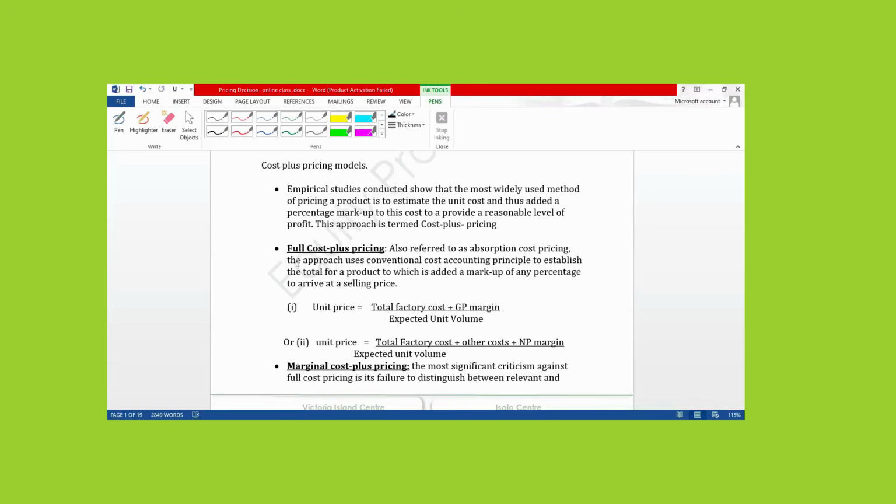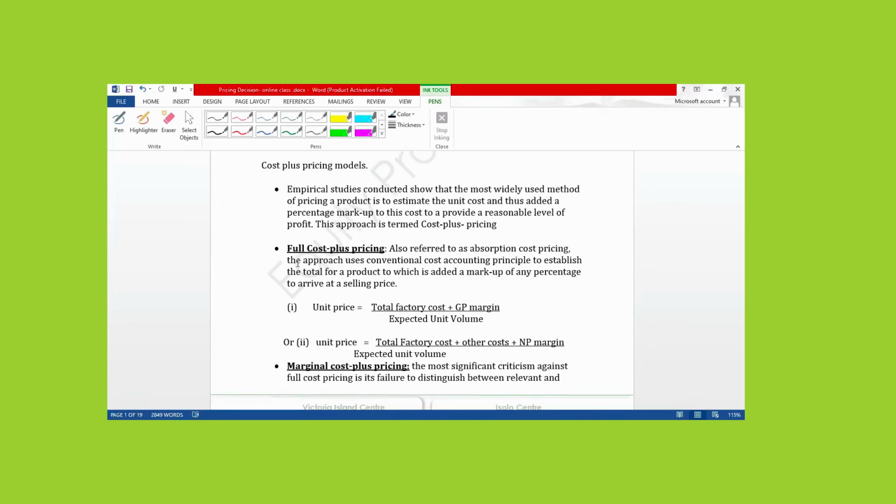whereby the selling price of a product is determined by considering both the variable cost and the fixed cost. In addition, a certain percentage markup will be added to the total cost so as to arrive at the selling price.